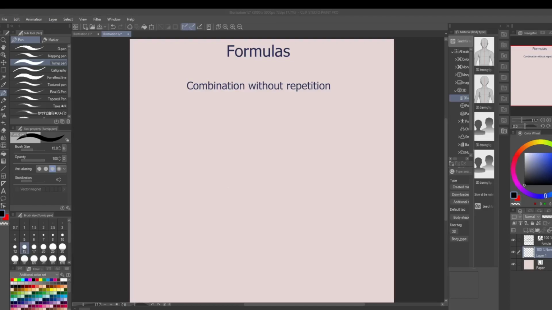Okay, so now that we've covered the big picture of these topics, we can start moving on to the formulas. So let's start off with combination without repetition. The formula for this is n factorial over r factorial times n minus r factorial.